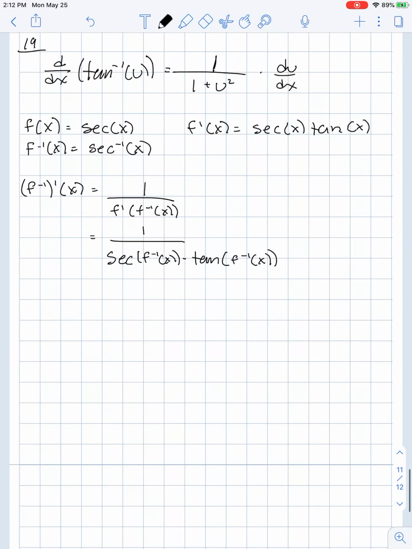Remember, these are not times; these are functions that I plug an input into and get an output. So 1 over secant inverse of x times tangent of secant inverse of x.